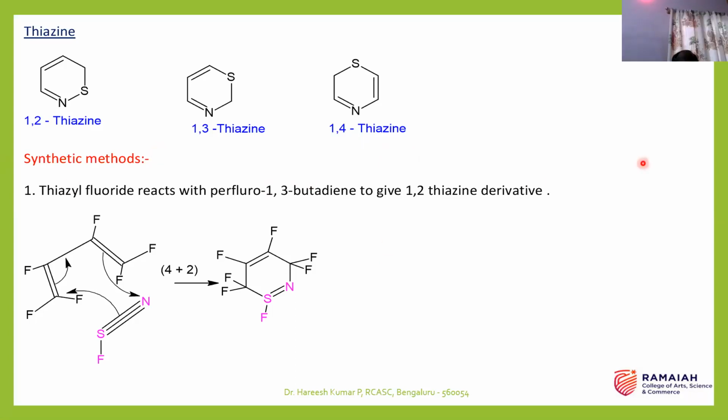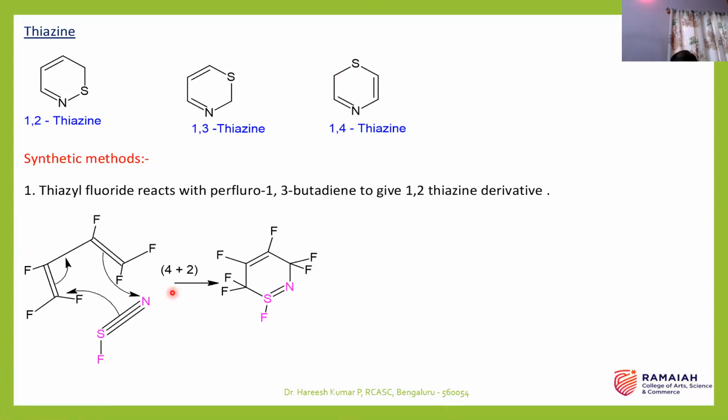That means adjacent to the sulfur there is a saturated carbon atom. This one is a saturated carbon atom, this one is a saturated carbon atom, and this is also a saturated carbon atom.